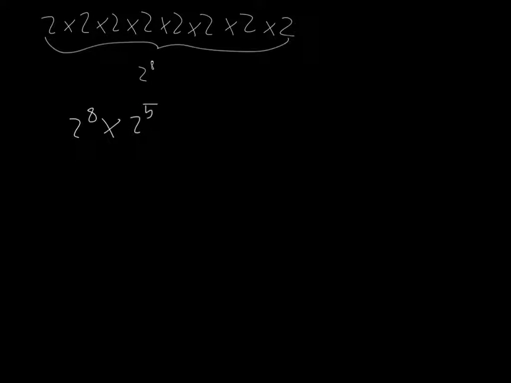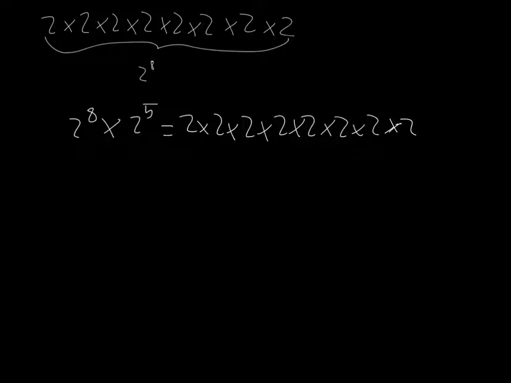But what I can do is remember that 2 to the 8 is just 2 times 2 times 2 times 2 and so on. So I can just write it out. So 2 times 2 times 2 times 2 and so on. And I think I got 8 now, right? 1, 2, 3, 4, 5, 6. Oh no, I got 7. And there you go, another 1.